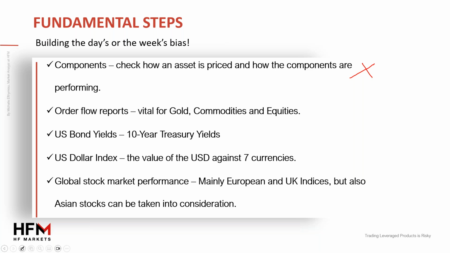The other thing is order flow. Order flow reports, most of the time, are available on the US Commodity Futures Trading Commission. They release them most of the time every single Friday, and they basically confirm how many more buyers were there in the market and how many more sellers there were in the market.